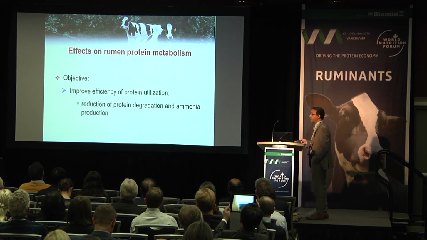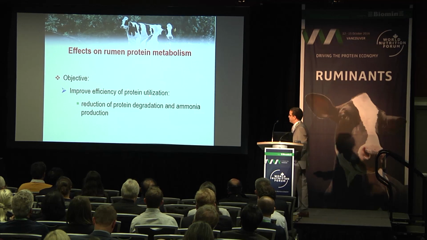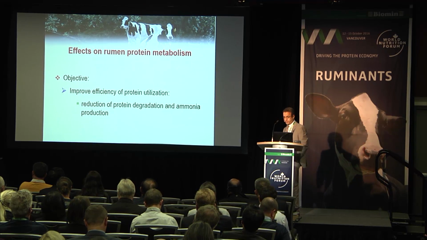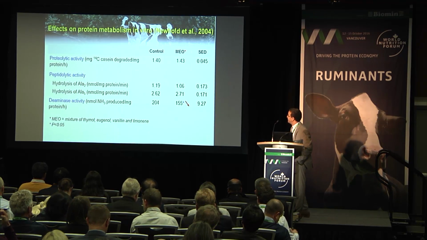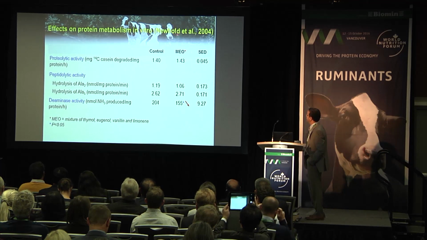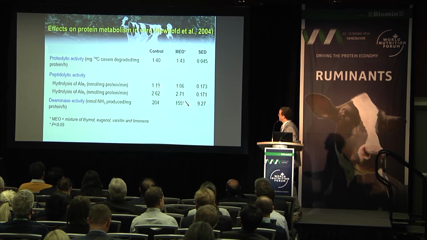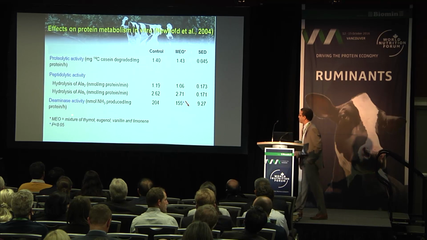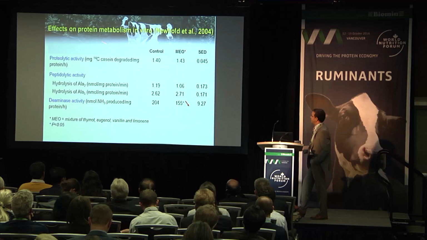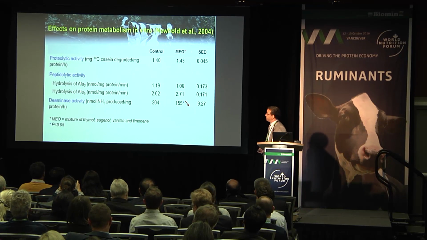So, if we'd like to use essential oils to improve the efficiency of protein utilization, essential oils would need to result in a reduction of protein degradation and also ammonia production. On this slide, I'm reporting results from an in vitro study by Newbold et al. 2004, in which they investigated the effect of a mixture of essential oils composed of thymol, eugenol, vanillin, and limonene on ruminal protein degradation.